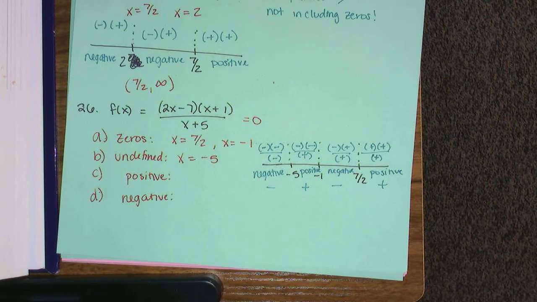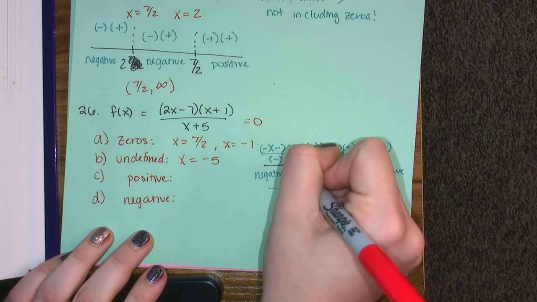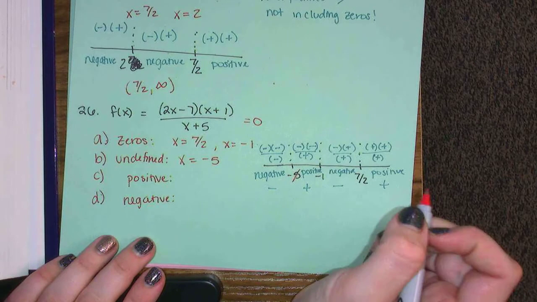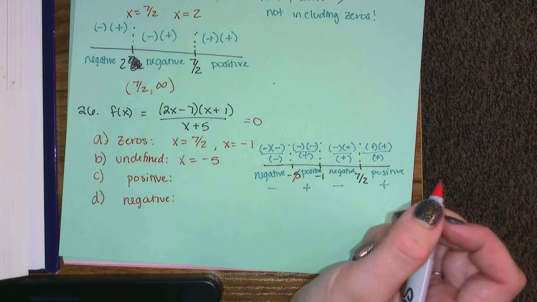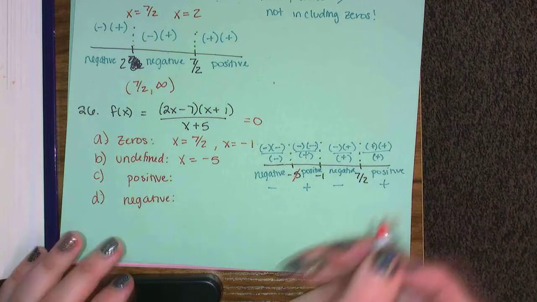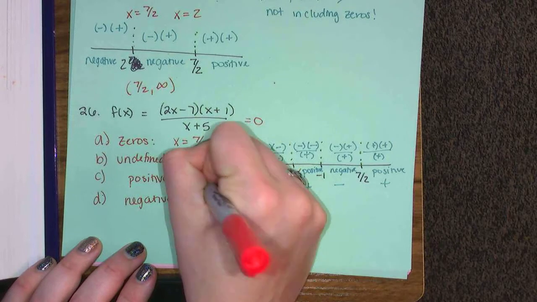Okay, so then over here, I am positive from negative 5 to negative 1. If you want to cross out or put a slash through the 5, just so you know that it's technically undefined there, you can. But you're basically treating it like a 0, so you don't have to if you don't want to. So we're positive from negative 5 to negative 1, not including those values.